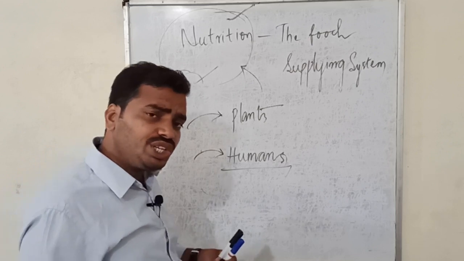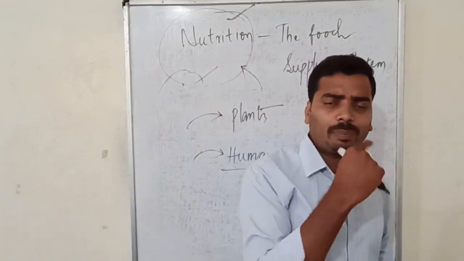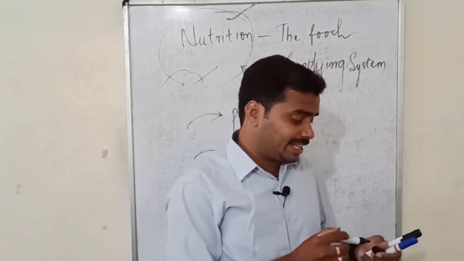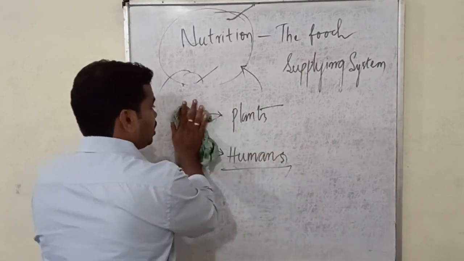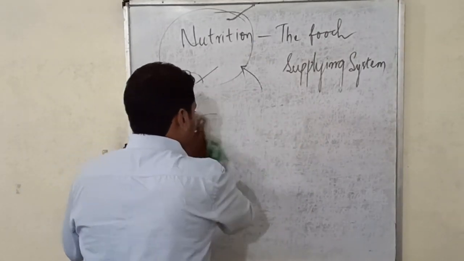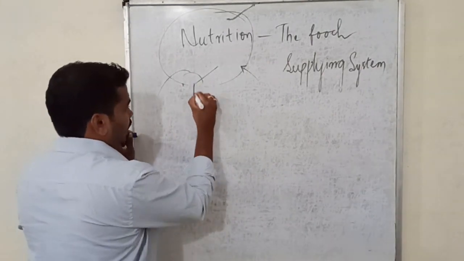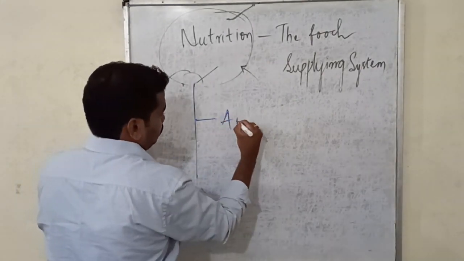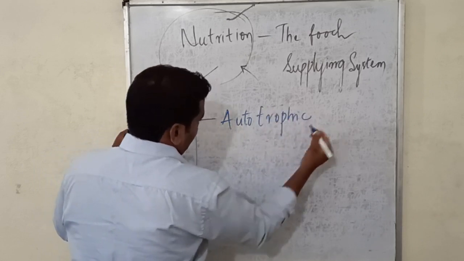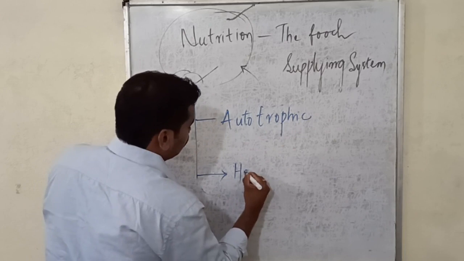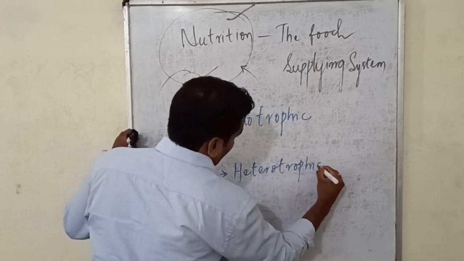So nutrition is divided majorly into two types. One is autotrophic nutrition, and the second one is heterotrophic nutrition. Based upon how they do their nutrition, organisms are classified into two types: autotrophic and heterotrophic.